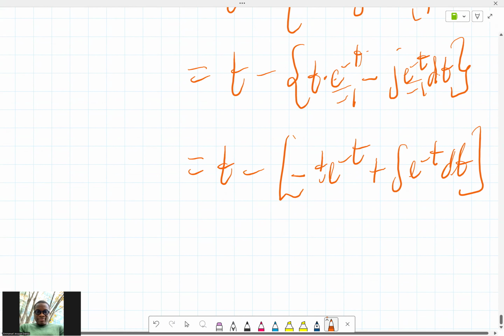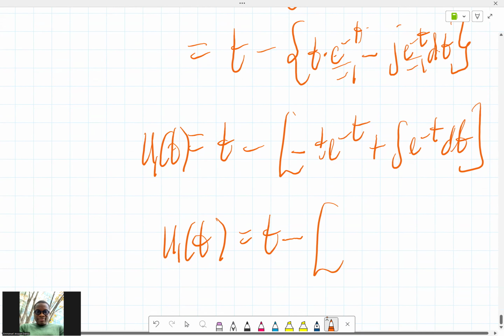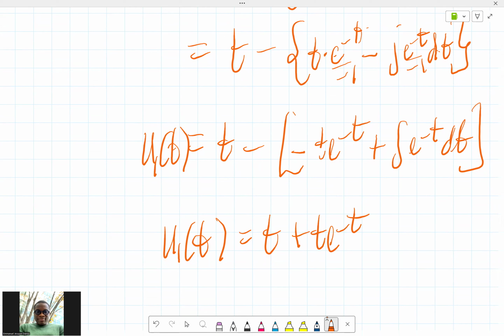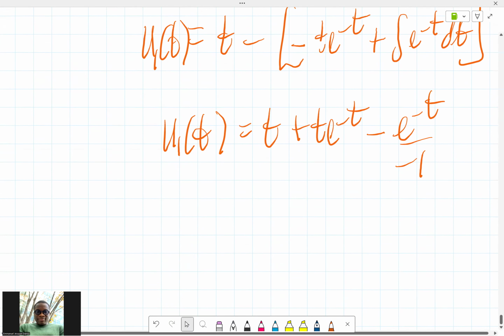So u1 of t is equal to t, still minus integral of minus t. Okay, then we can even bring this out already. So t plus t e raised power minus t. Then if we integrate this again, we just have minus e raised power minus t all over minus 1 again, plus some constant which we may not have to worry about.